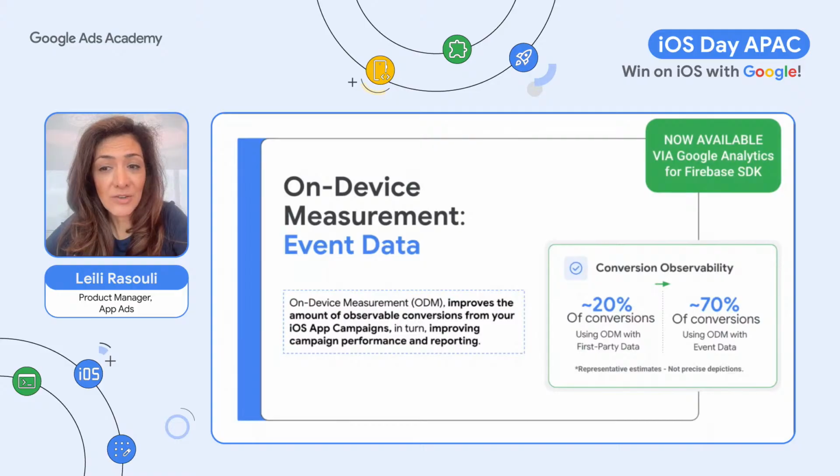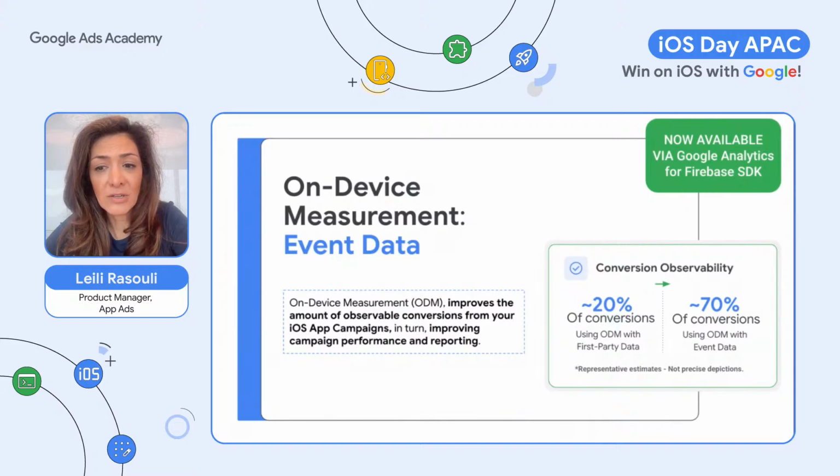On-device measurement with Event ID, while protecting user privacy, aims to provide advertisers with more comprehensive data and improved campaign performance. In our alpha, we observed a 70% match rate using on-device measurement with Event ID, which is nearly 3 times higher than the match rate we have seen with on-device measurement with PII.